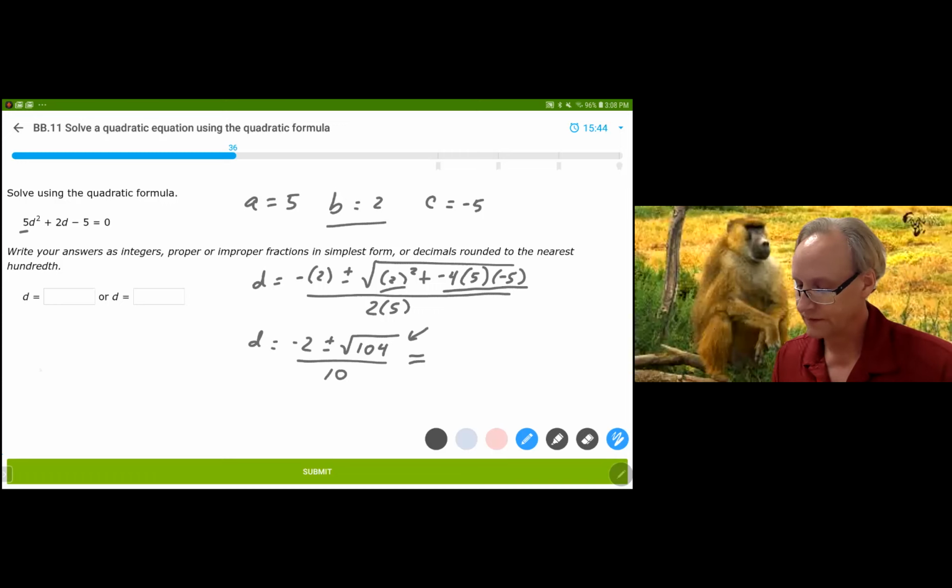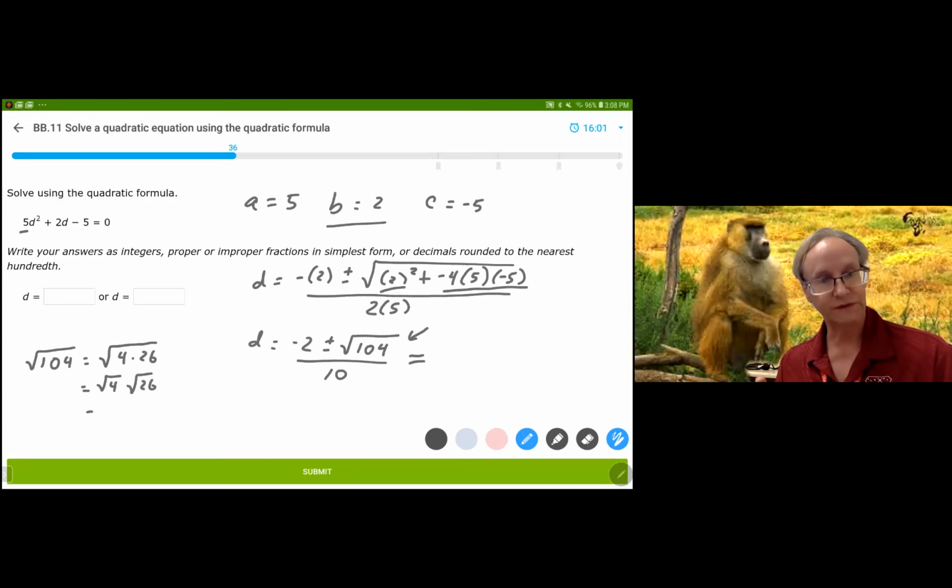So this is what you have to do. It's a long process, but I'm going to go ahead and just give you a real quick insight in here. This is the square root of 4 times 26. And that means that I can take out that radical 4. This is the square root of 4 times the square root of 26. What I'm doing is reducing a radical, and that is 2 square root of 26.